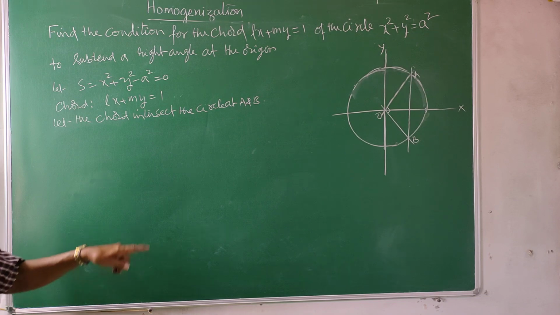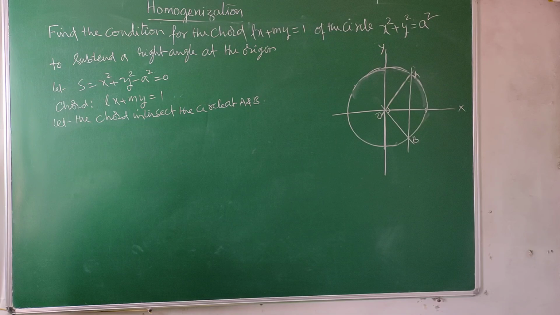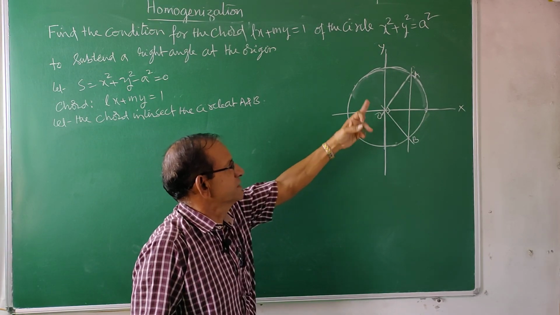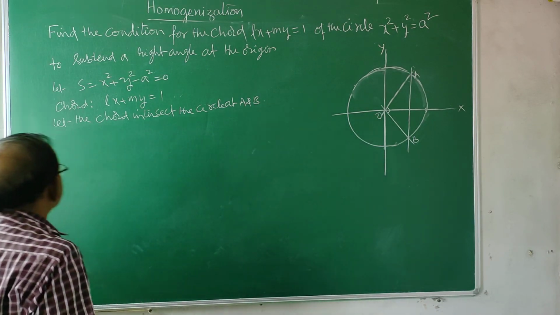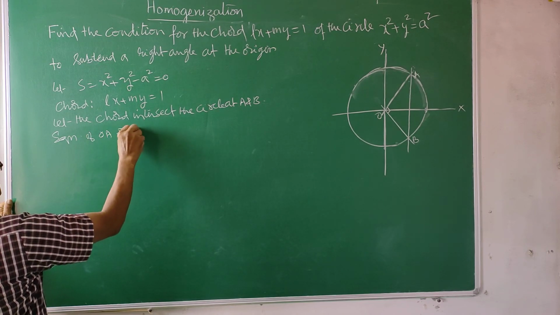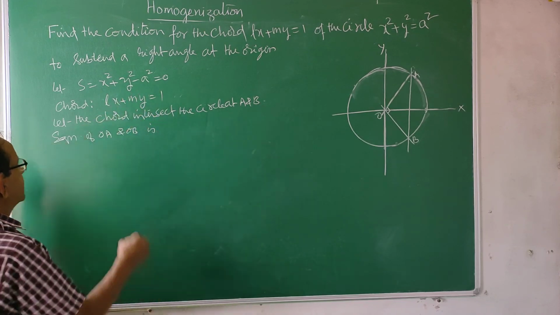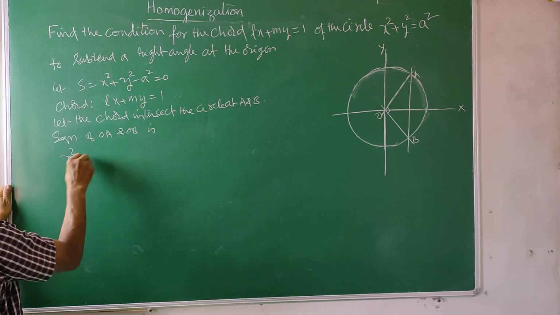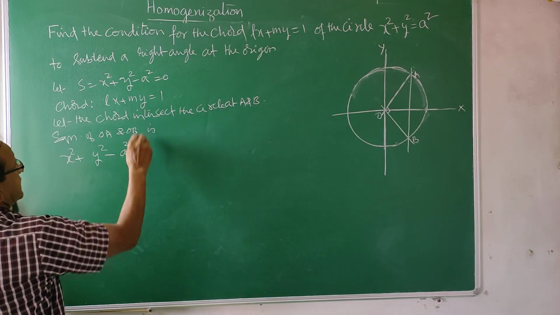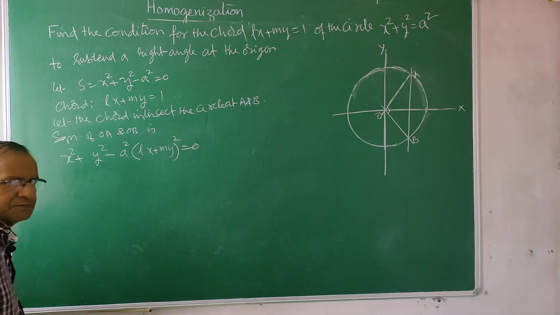Now we have to get the combined equation of OA and OB. How to get that equation? By making the equation of the circle homogeneous with the equation of the chord. The equation of OA and OB is x square plus y square minus a square into 1 square, but 1 is Lx plus my, whole square, is equal to 0.